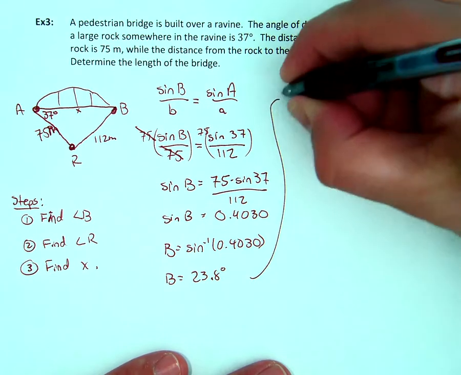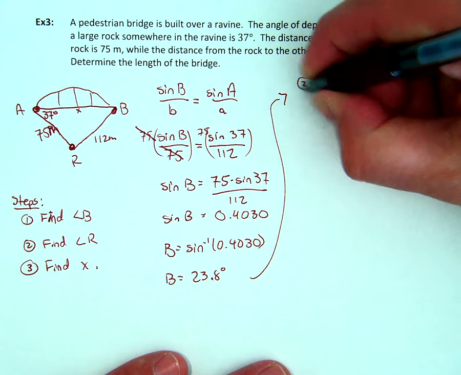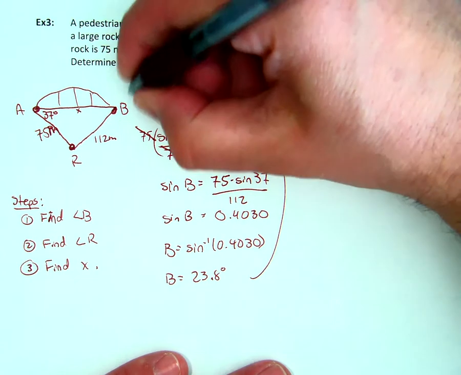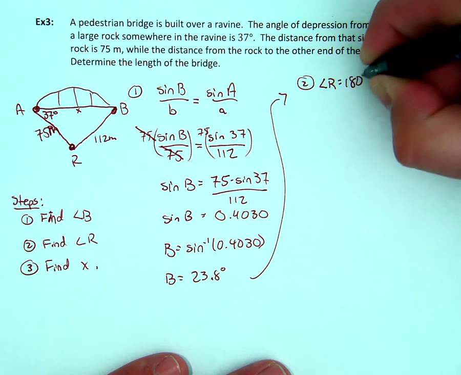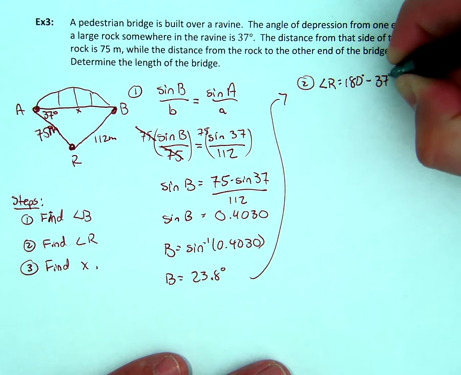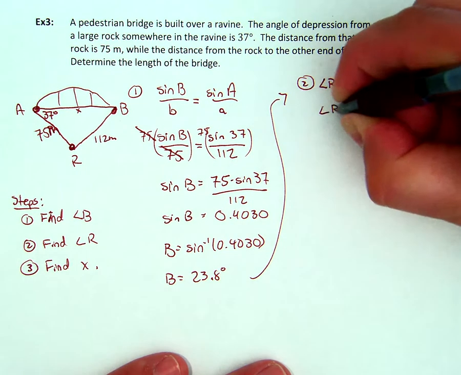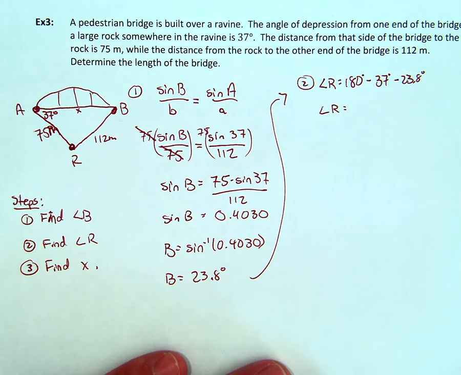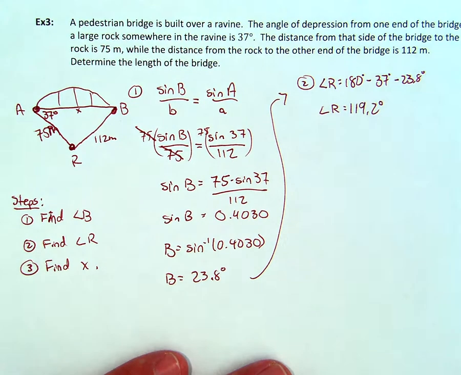Step 2, go up here. I need to find angle R. So all the angles in a triangle add up to 180. So angle R will be equal to 180 minus 37 minus 23.8, which is 119.2 degrees.